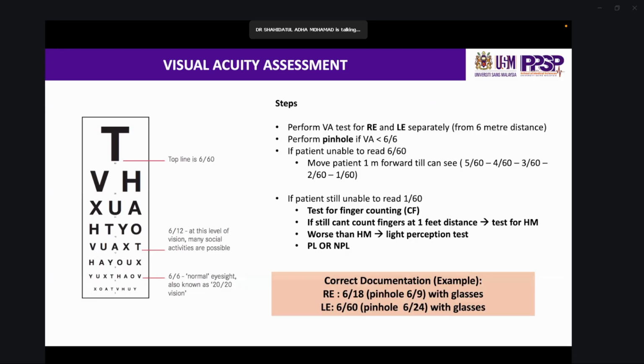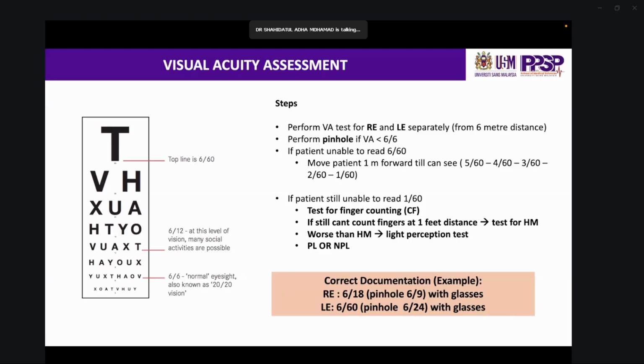Okay, how do we assess visual acuity? Basically, if you look at the Snellen chart, the topmost line is 6/60, all right? But the 6/6 vision you need to check properly, because in some Snellen charts, the lowermost could be like 6/4.5, something like that. So you need to check properly. You need to perform the visual acuity for the right eye and left eye separately.